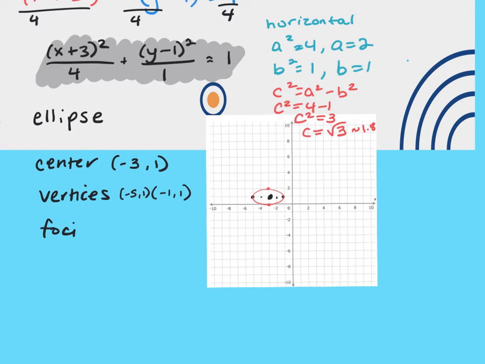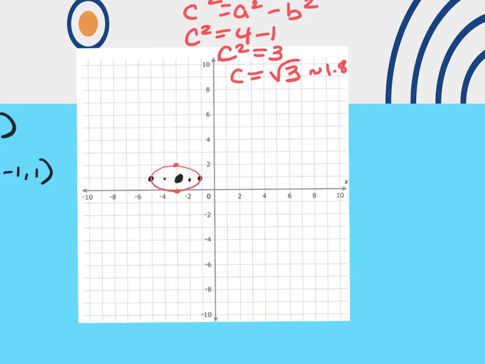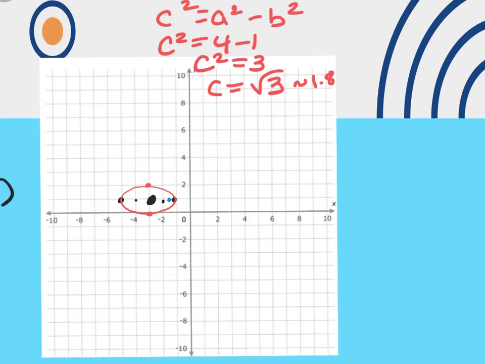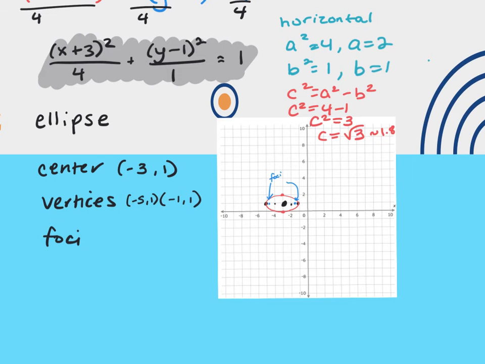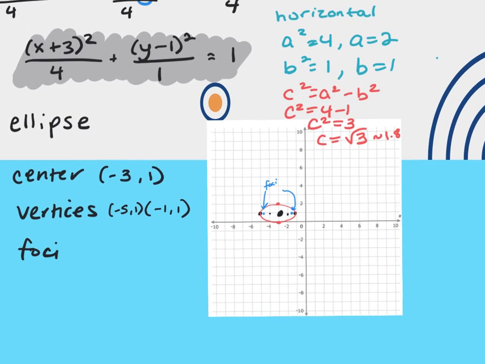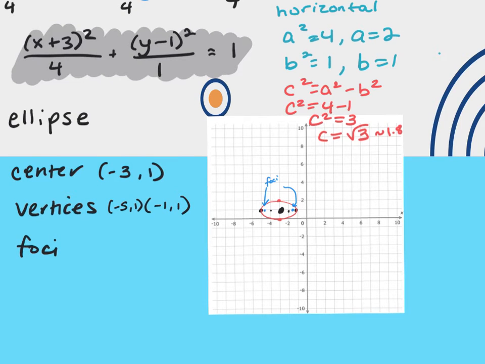We're going to approximate it to draw it. And then we're adding and subtracting that from the x coordinate of my center to get the exact coordinate points of the foci. So -3 plus and minus square root 3, 1.